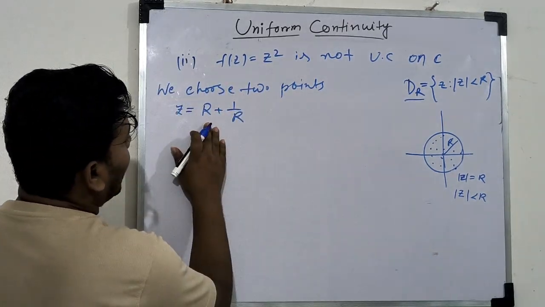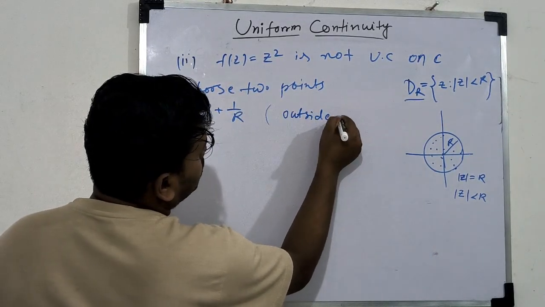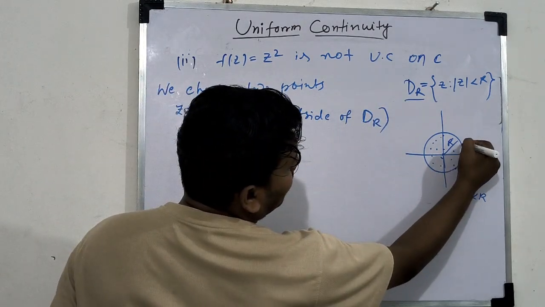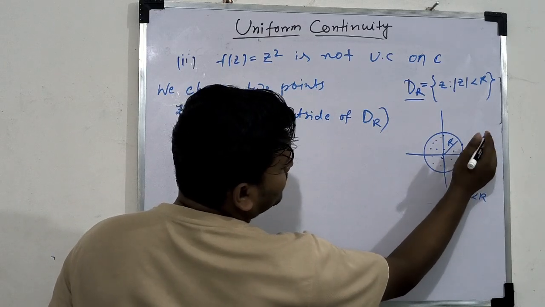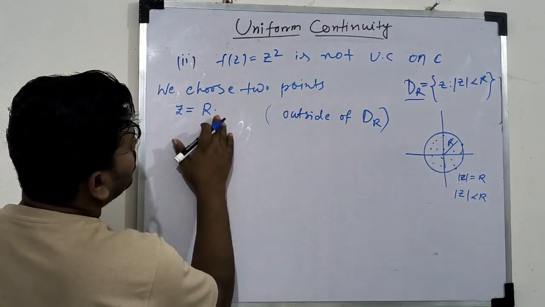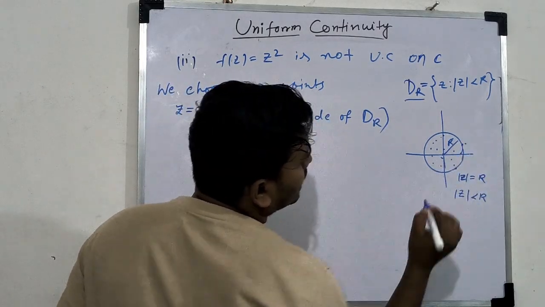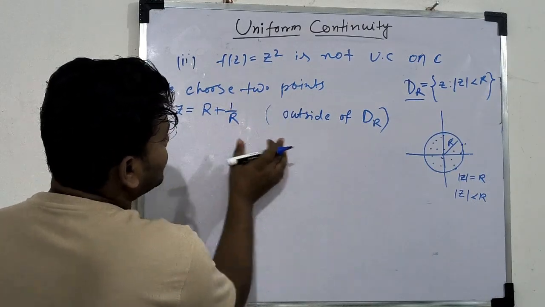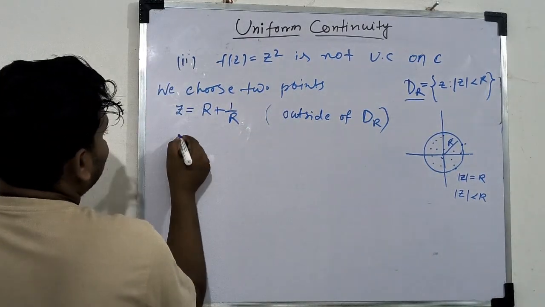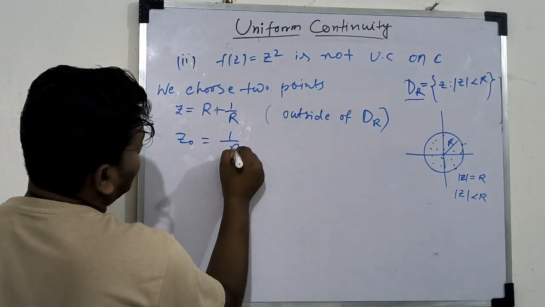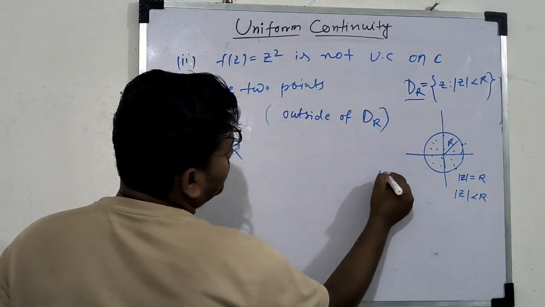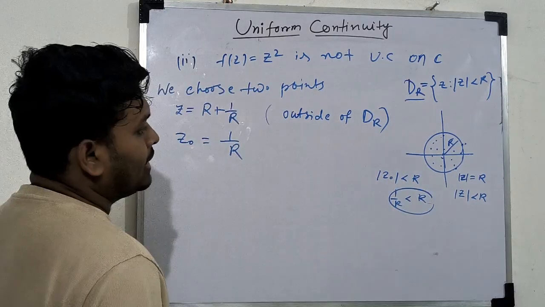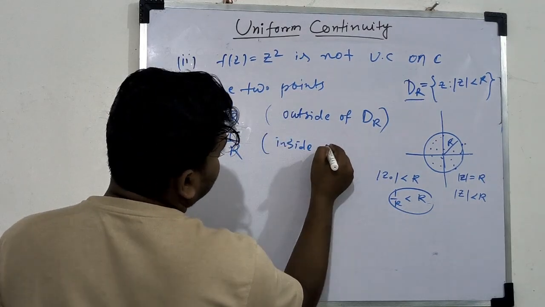So we choose r plus 1 by r, which is outside of this disk D_r. And another point z0 equal to 1 by r. Obviously modulus z0 is less than r, as 1 by r is less than r, so this is inside D_r.